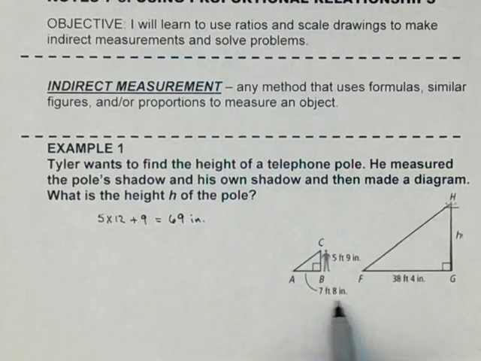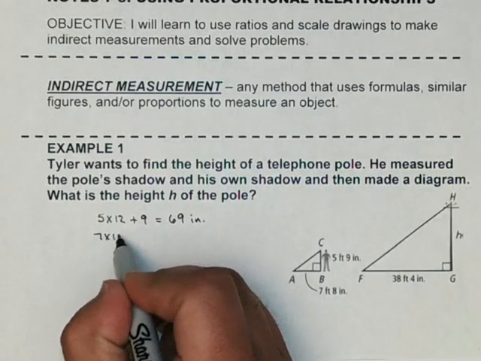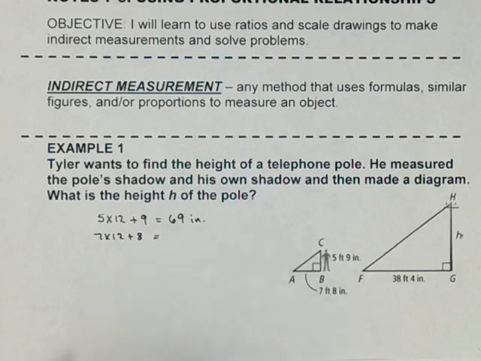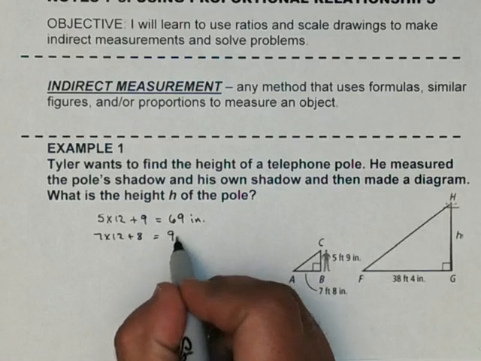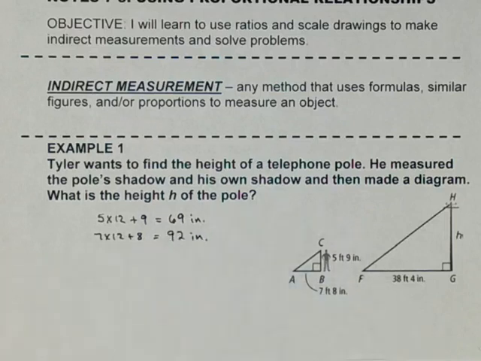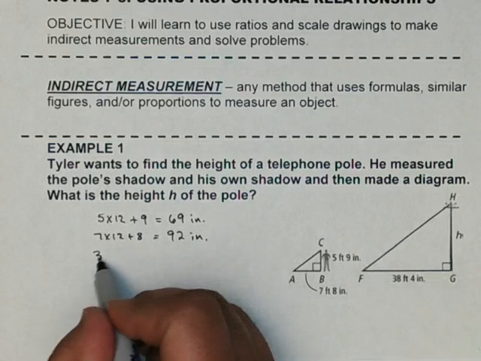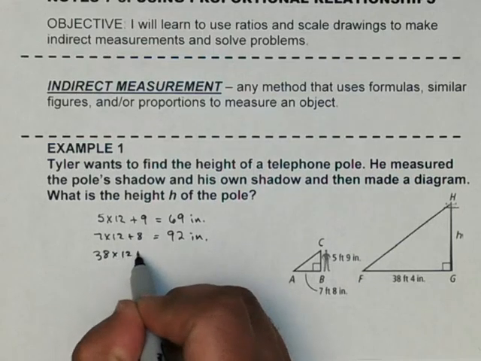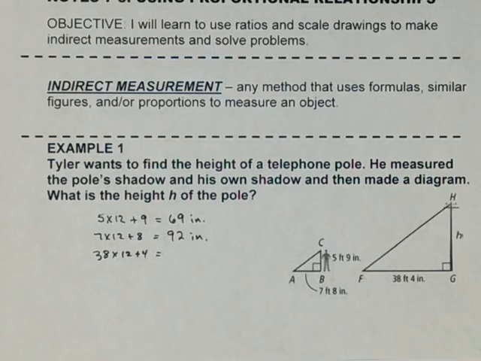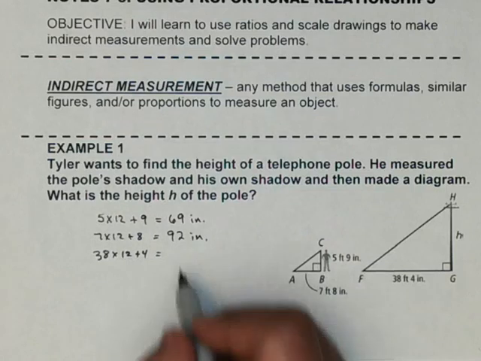Okay. And if I look at his shadow, that's going to be 7 times 12 plus 8, which would come out to be 92 inches. And then I need to take the 38 times 12 plus 4, and that comes out to be 460 inches.